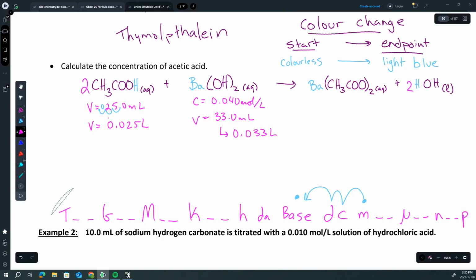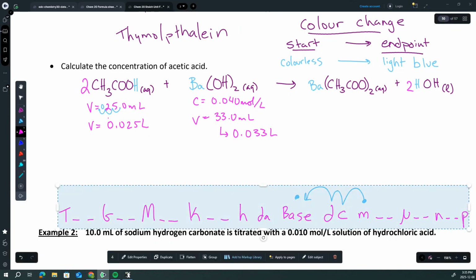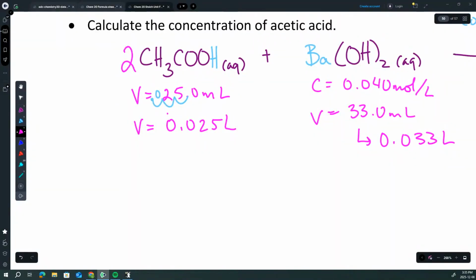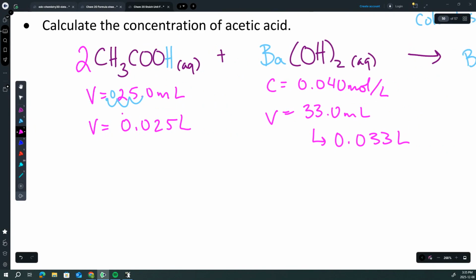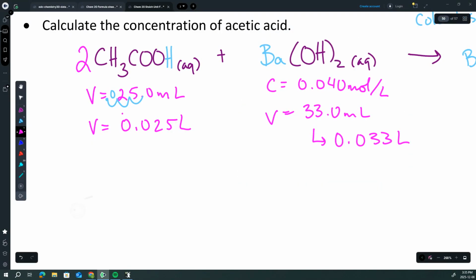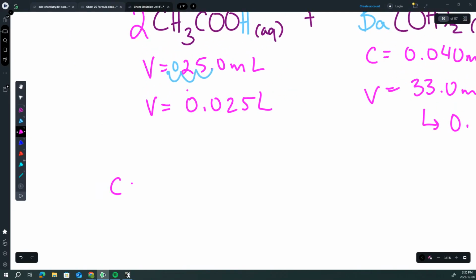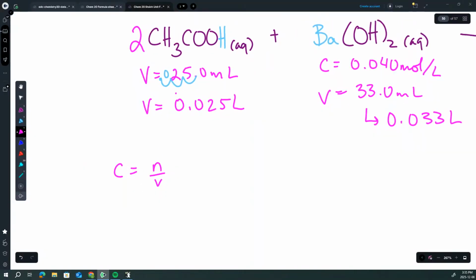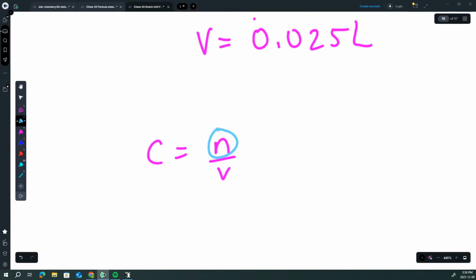I'm going to have to erase this just so I have enough space. Now that we have our information organized, we can move on to step 2 of our Stoich steps, which is find the moles of your given substance. The substance we've been given the most information for is barium hydroxide, so let's start there. We got concentration is equal to moles divided by volume, and since we want to find the moles of our given substance, we need to isolate for n.